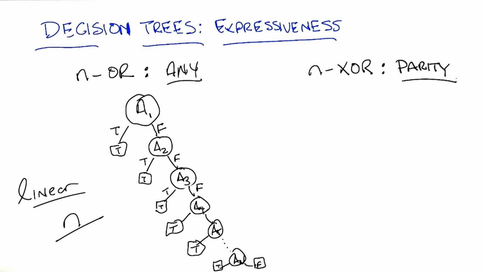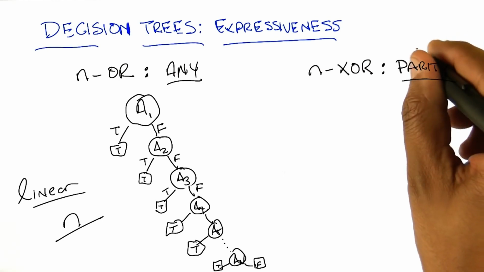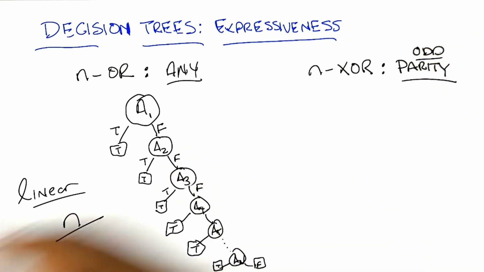There's usually 2 forms of parity that we worry about, either even parity or odd parity. Let's pick one. It doesn't matter. Let's say odd. I like that. We'll do odd parity. And all that works out to be in this case is if the number of attributes that are true is an odd number, then the output of the function is true. Otherwise, it's false. Got it?